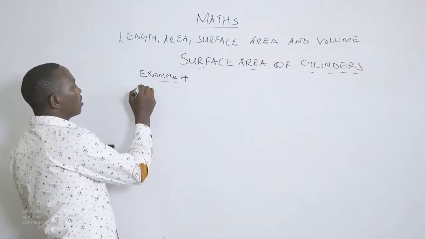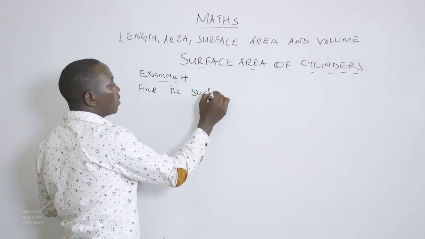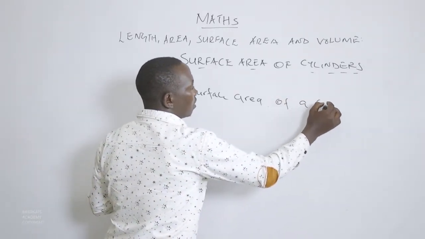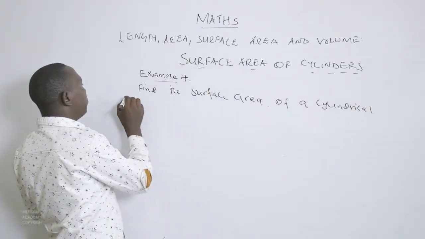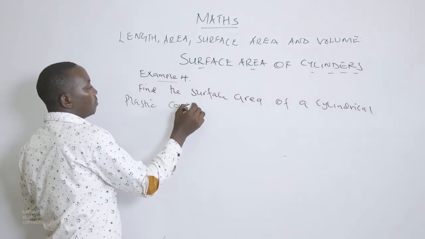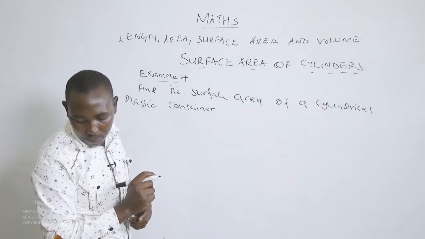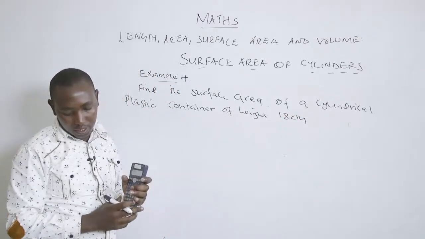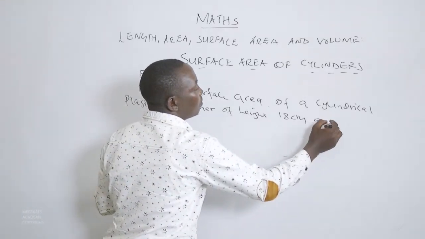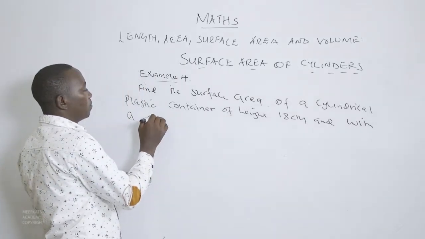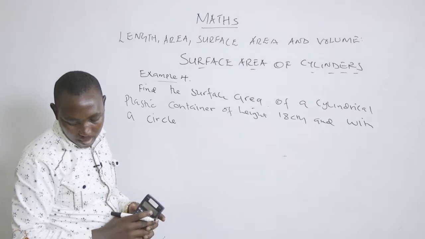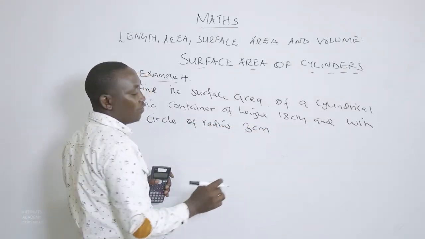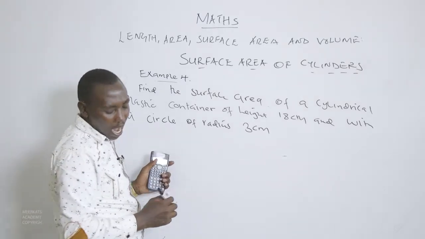Example 4, we are told to find the surface area of a cylindrical plastic container of height 18 centimeters, and with a circle of radius 3 centimeters at each end.